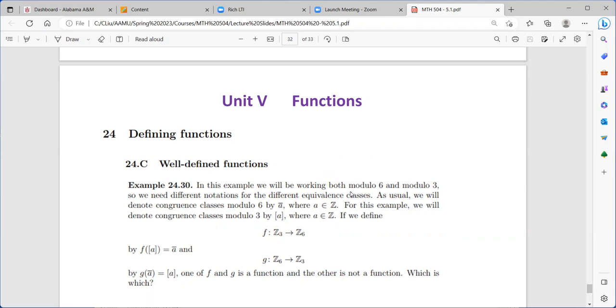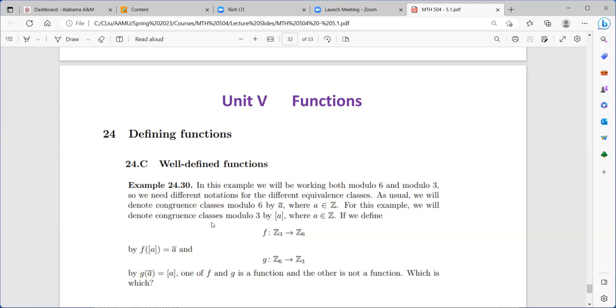All right. So we will denote congruence classes modulus 6 by a bar. The congruence classes modulus 6 will have 6 classes: 0 bar, 1 bar, 2 bar, 3 bar, 4 bar, 5 bar, corresponding to the remainders from the division of an integer. So a is an integer here, and we just use a bar.